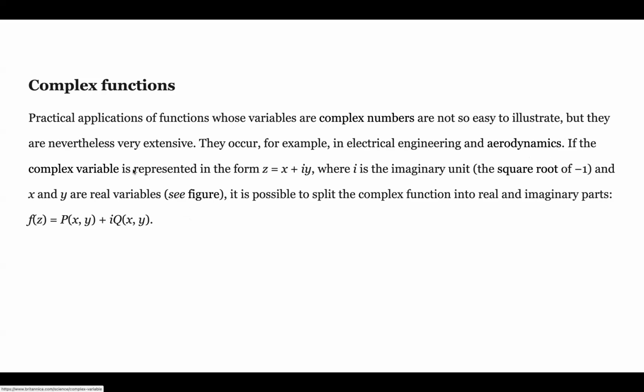If the complex variable is represented in the form z equals x plus iy, where i is the imaginary unit, the square root of -1, and x and y are real variables, it is possible to split the complex function into real and imaginary parts. f of z equals p of xy plus i q of xy.